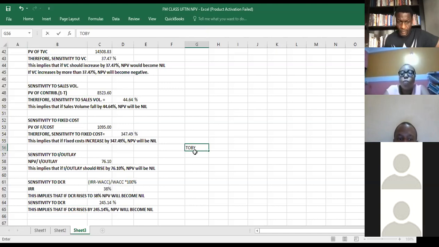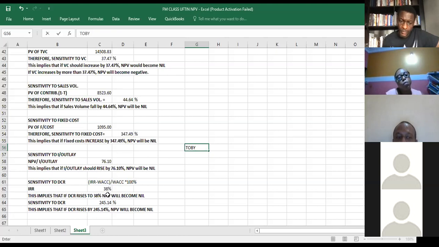So if it rises to 38%, from 11% to 38%, if you think about it, 100% of 11% is 11 times 2, which is 22%. 22% is still not up to 38%, so it's more than a 100% rise. 11 times 3 is 33%, a 200% rise, so it's more than a 200% rise.